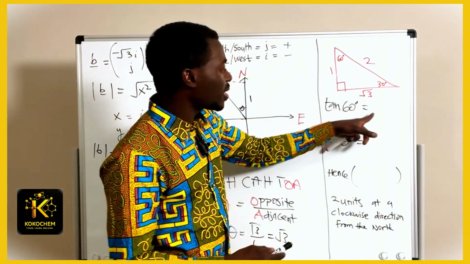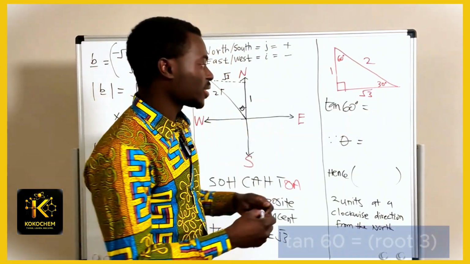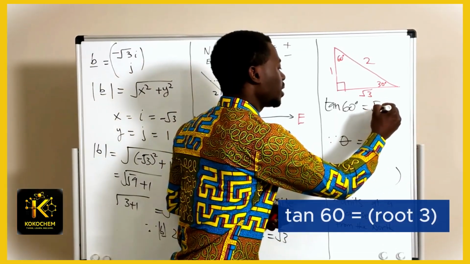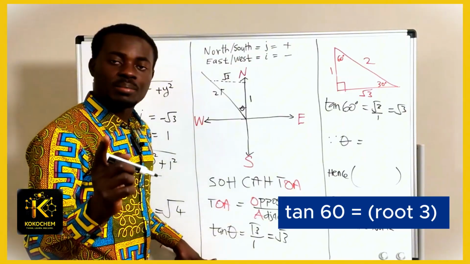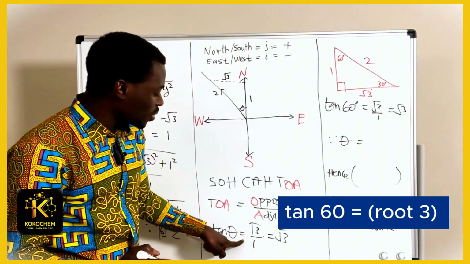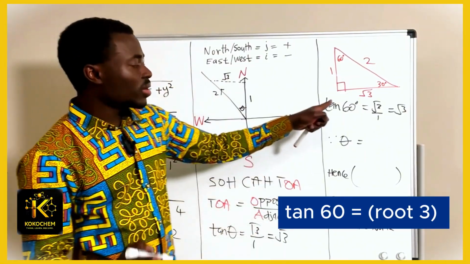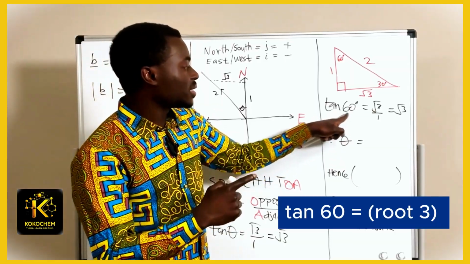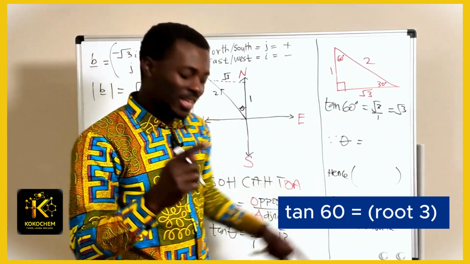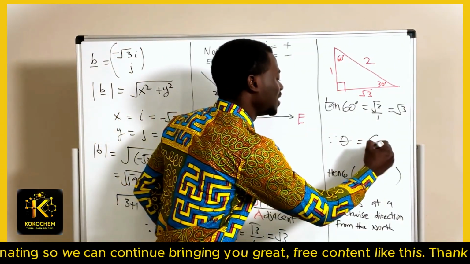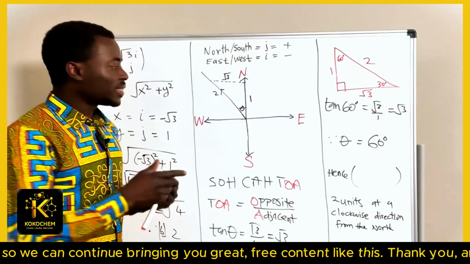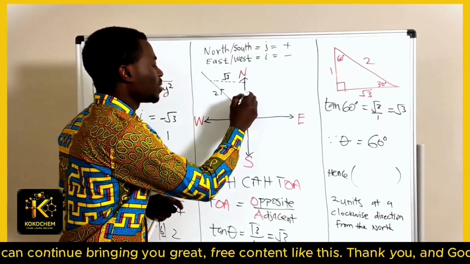Tan 60 is opposite over adjacent, which is root 3 divided by 1, giving root 3. From the Cartesian plane, tan theta is root 3, and from the triangle, tan 60 is root 3. Therefore, theta is 60 degrees.